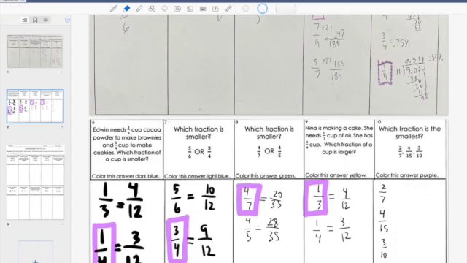Let me start over. Let's do the first one. 2 divided by 7. Top dog goes in the house. 7 does not go into 2 evenly. 7 goes into 20 2 times. So we get 6 left over. 7 goes in 68 times. 4 left over. 7 goes into 40.